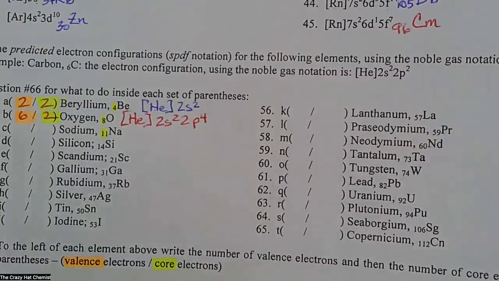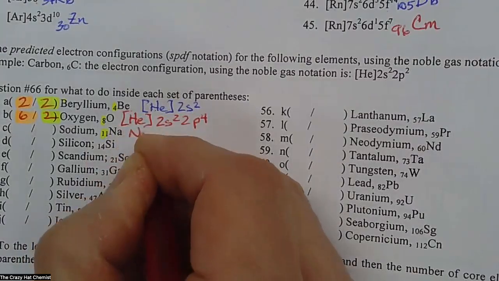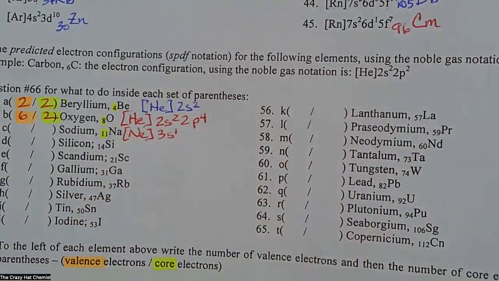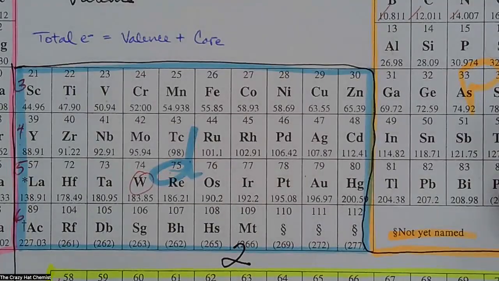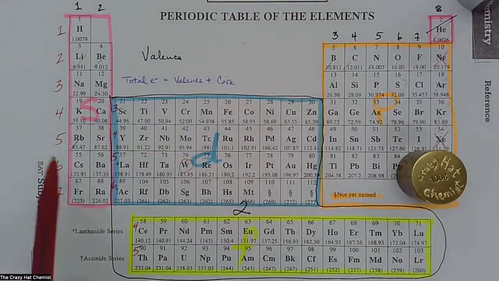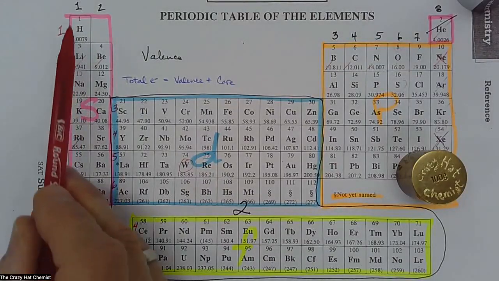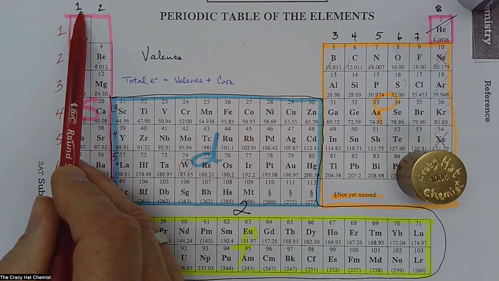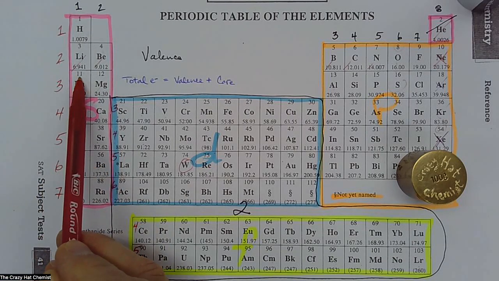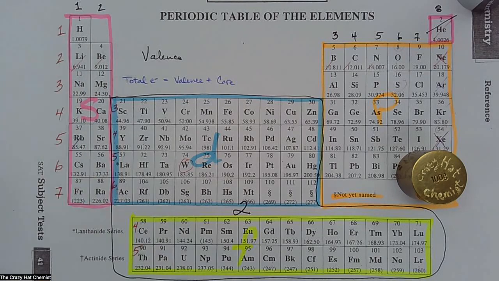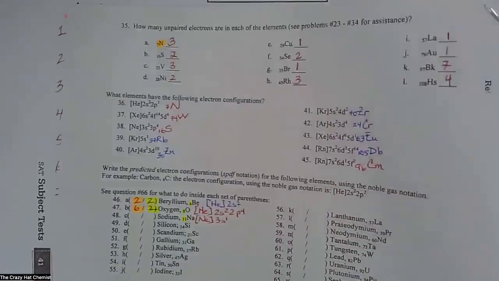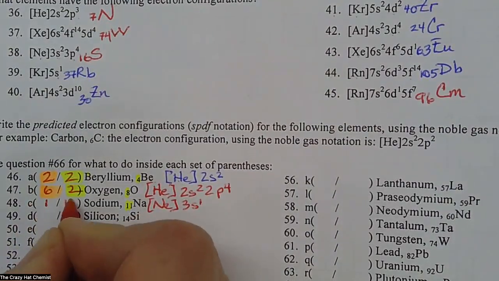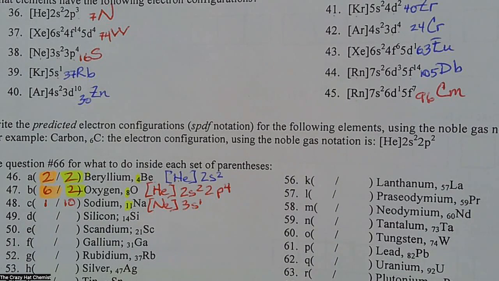So it is neon, and then a 3s1, just like that. All right. So how many valence electrons in sodium? Well, that's pretty simple. That's element number 11, and we're going to go up at the top here, and there's 1 valence electron. There's a total of 11 electrons, so it's 11 minus 1. That's 10 core. So we're going to write that down. There's 1 valence electron, and then there are 10 core, just like that.